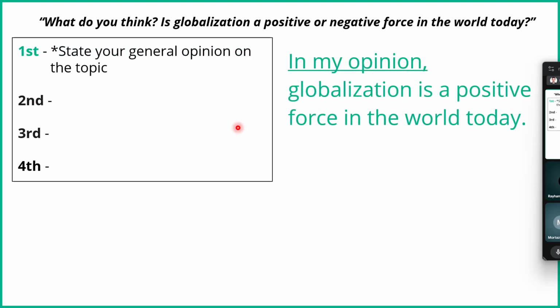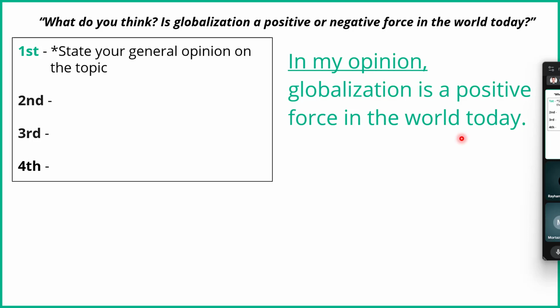For example, we can say, in my opinion, globalization is a positive force in the world today. So it is a general opinion. At the beginning of our writing, we should try to express what we generally think about the topic. It is the first step.